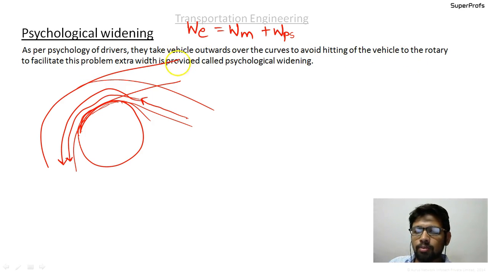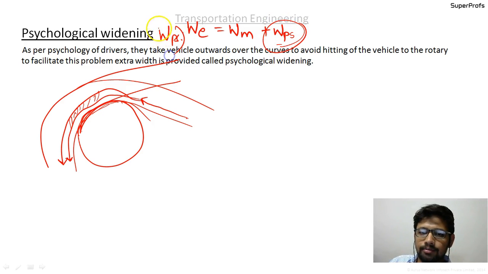To facilitate this, an extra width is provided, that is Wps, which is the psychological widening.